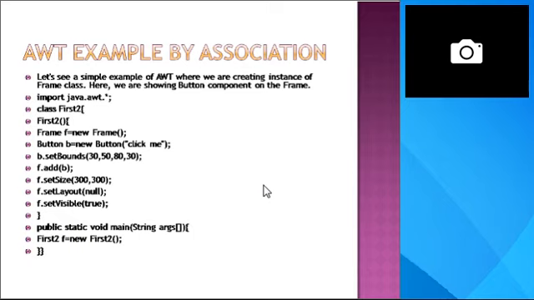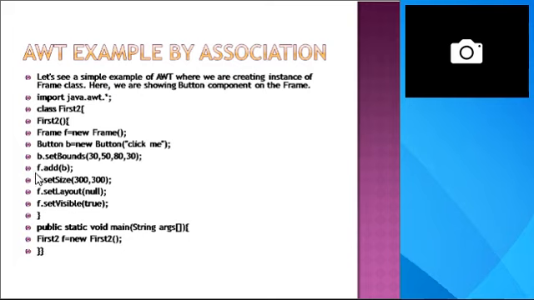Here we take an object of the container class Frame, and create an object of Frame f, and new is a keyword that is used to allocate runtime memory for the f object.